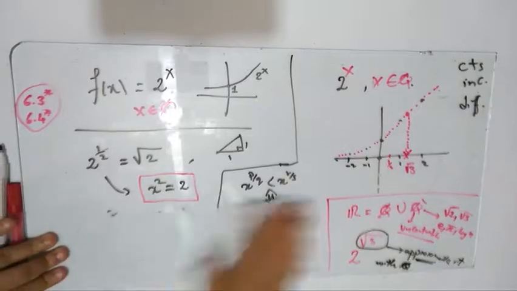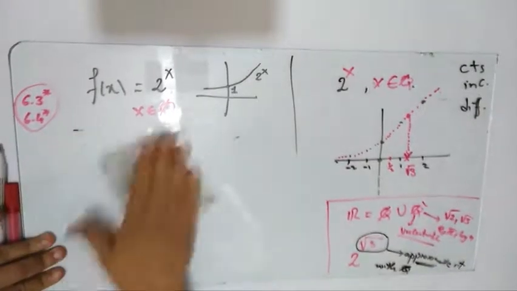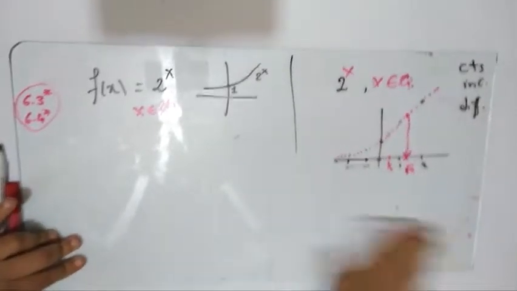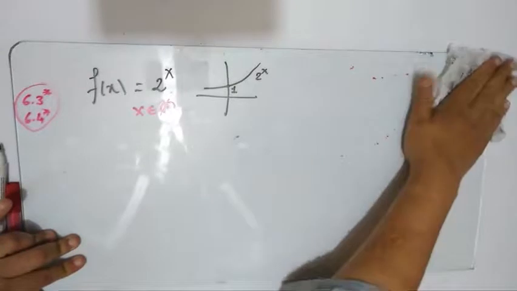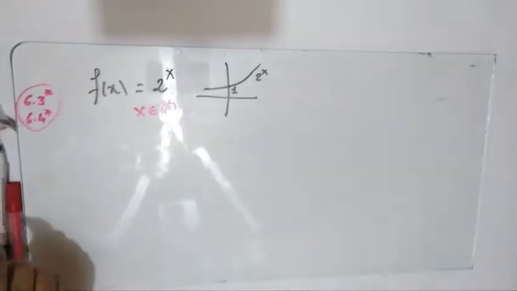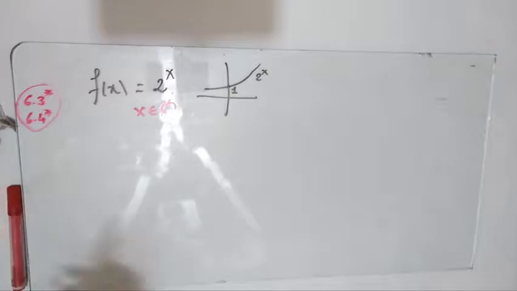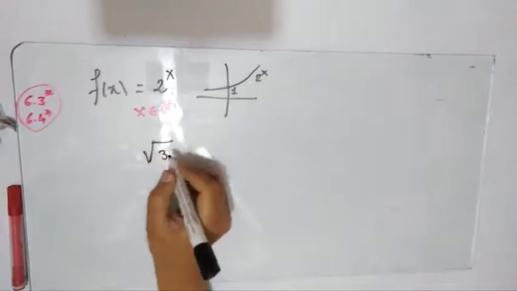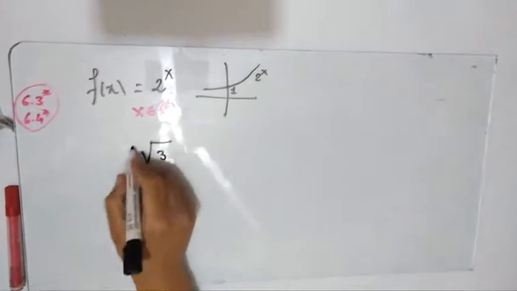Okay, let me erase. So square root of 3, you can approximate in this way.